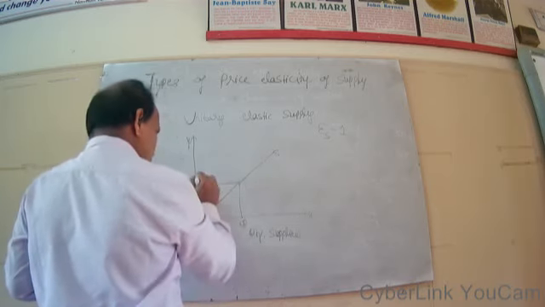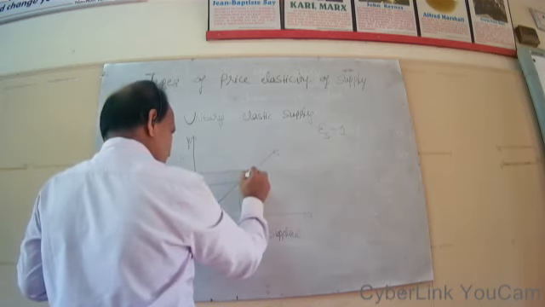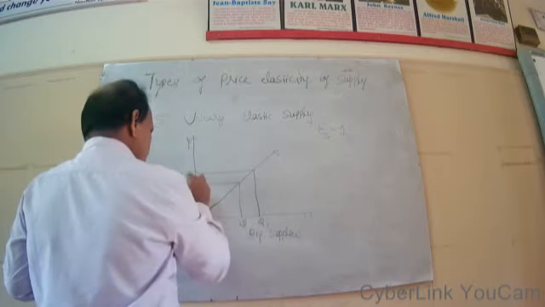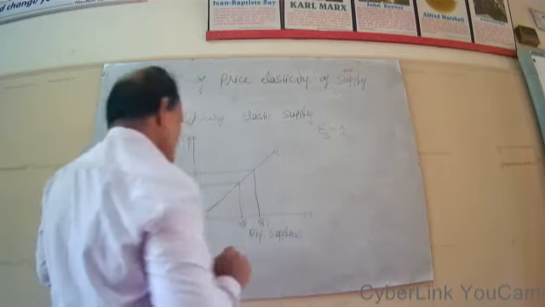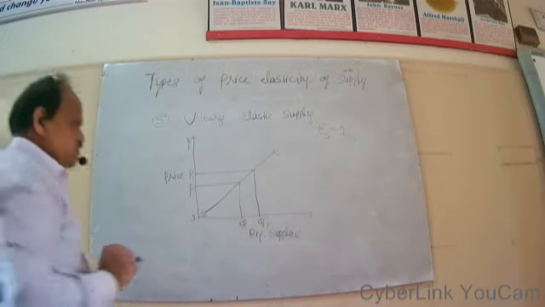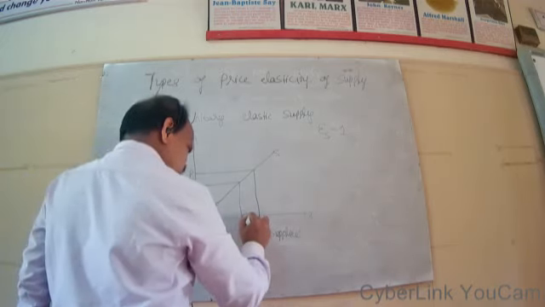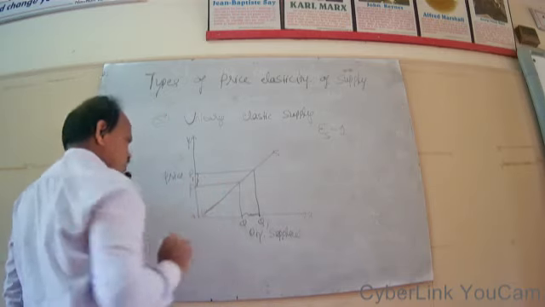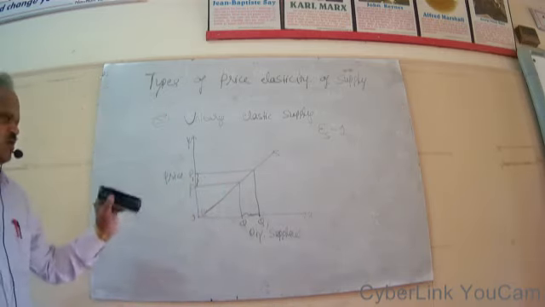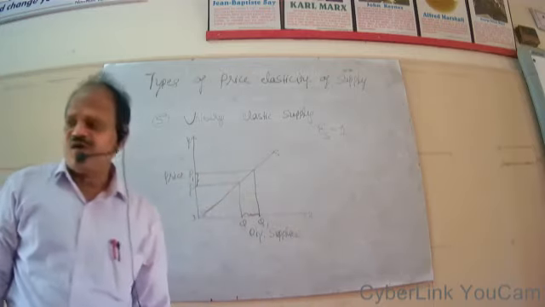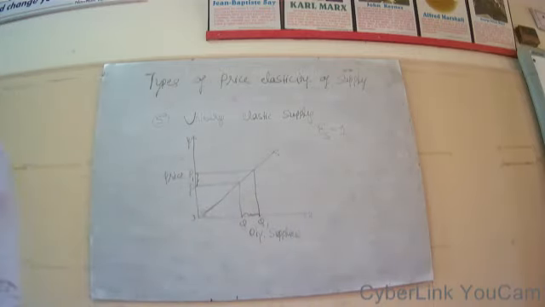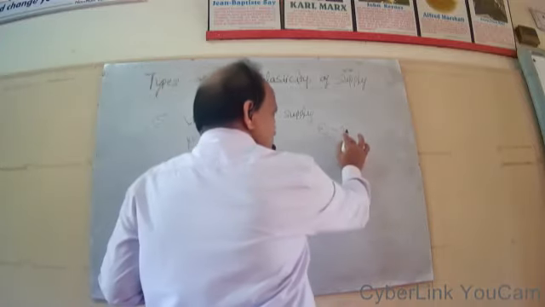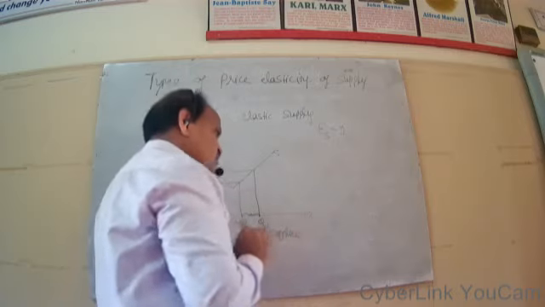Quantity supplied was at OQ level. When price increases to OP1, the quantity supplied extends to OQ1. So here, the proportionate change in quantity supplied, that is QQ1, is equal to the proportionate change in price, PP1. So both the proportions are equal. It means you will get the same values in both numerator and denominator. Therefore, the value of price elasticity of supply will always be equal to 1 in this type.